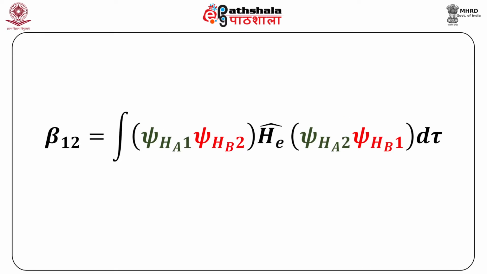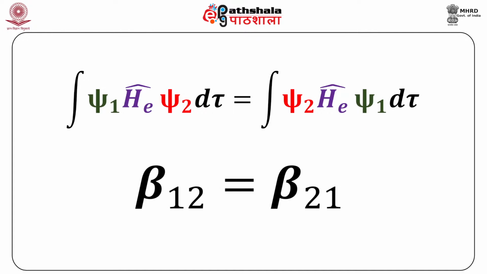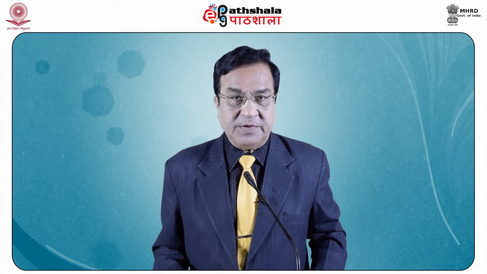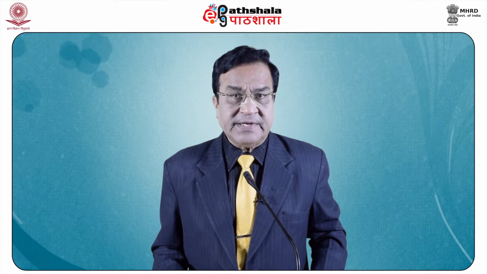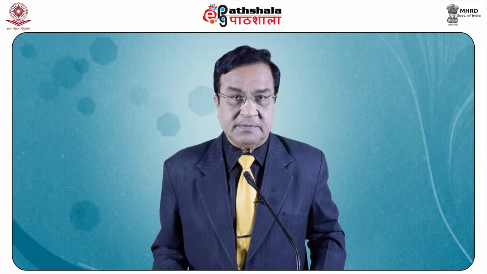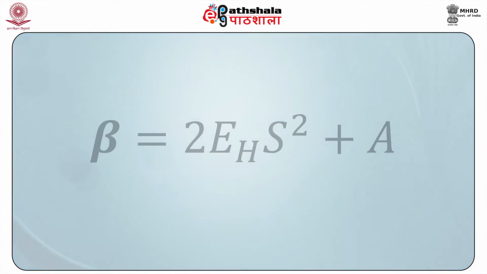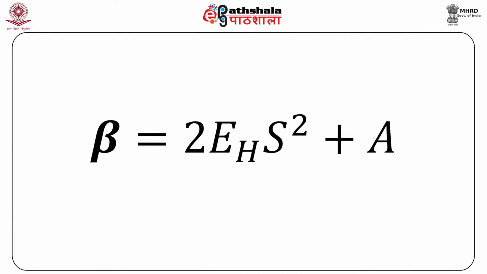If we substitute the expressions for psi 1, psi 2 and He cap in this equation, it gets simplified, and you can notice that whether we do it for beta 12 or beta 21, it will come out the same, because it is only a question of labeling. Atoms are identical, and therefore one can define beta in general instead of beta 12 or beta 21, and this beta becomes equal to 2EH S square plus A.